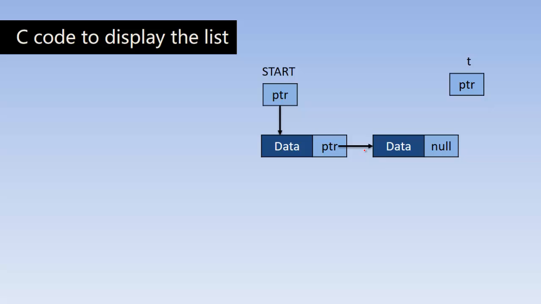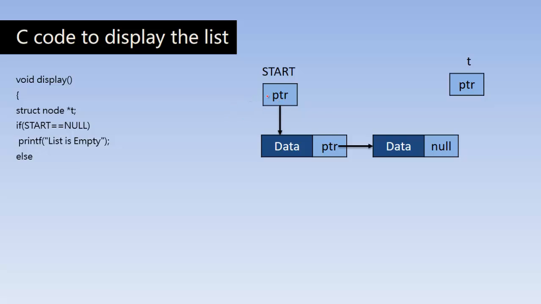So let us see the code to display the list, right? Let us assume this as the linked list that we have got. The void display function will display all the nodes in the list. So let us create a temporary pointer variable. Here we have created the temporary pointer T of type struct node. If start equals null, there is no node in the list: list is empty.